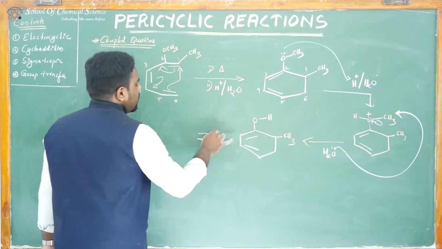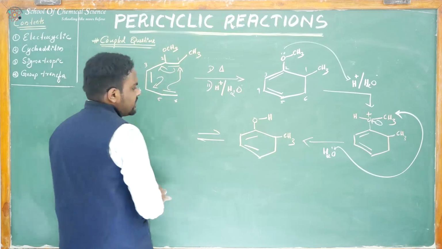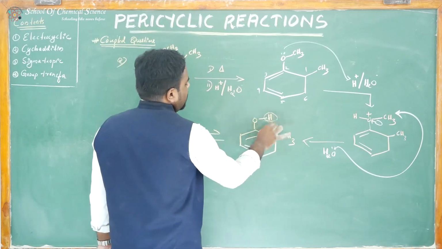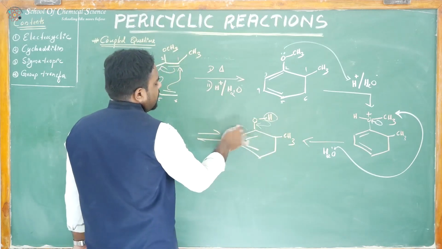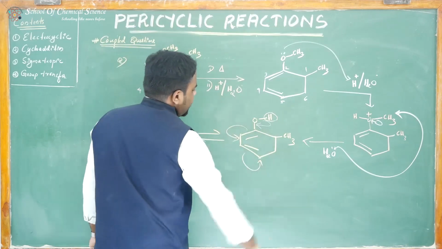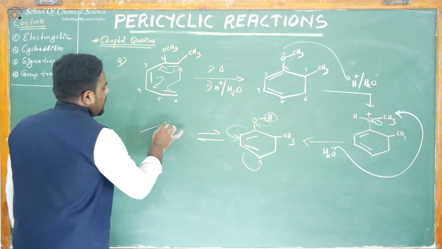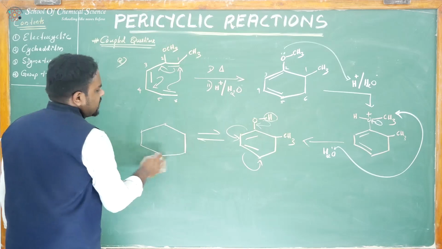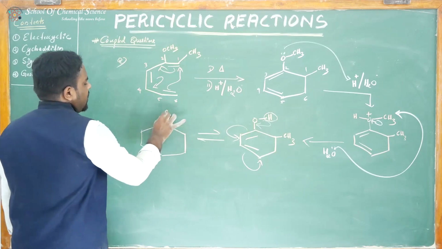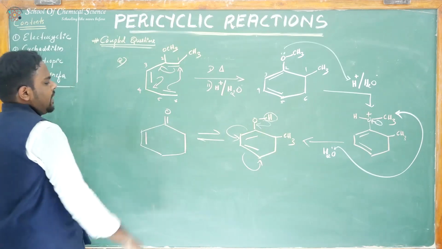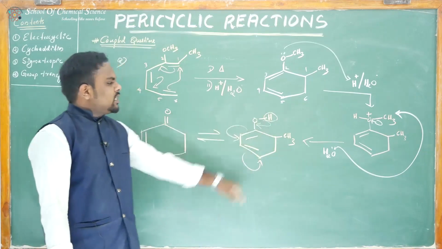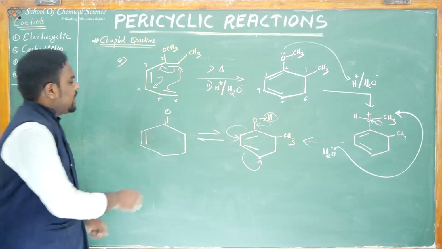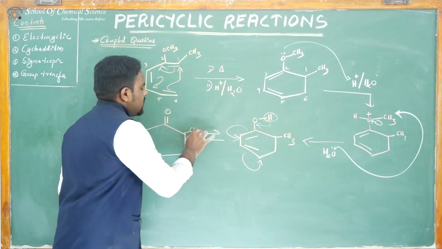That enol will undergo tautomerism. Here extended conjugation is possible. So in the tautomerism, this bond here, this one here, this one there. Extended conjugation is possible, and finally you will get the product, a 6-membered ring. Here double bond O, here a pi bond. The CH2 carbanion picks up the H plus to form a stable compound. Here a CH3 is also present.